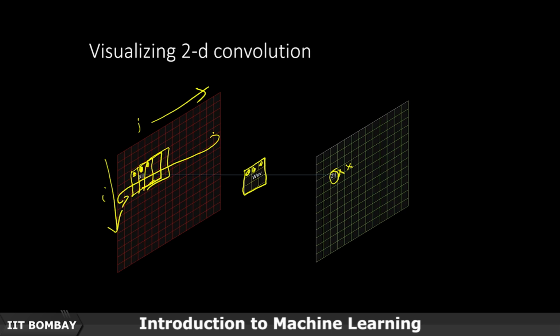So you may be wondering what happens at the edge. We have 2 options here. One option is that we don't go beyond the edge. The other option is that I pad the edge with 1 extra value of zeros, so that I can also go beyond the edge, and then I can have the same size output as that of the input.